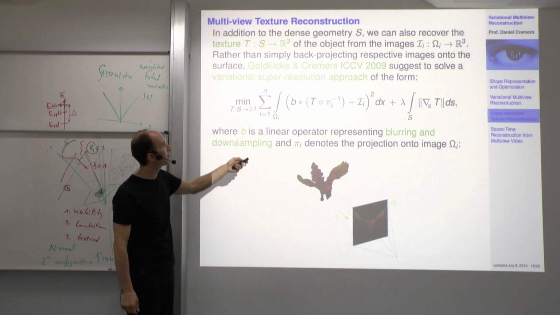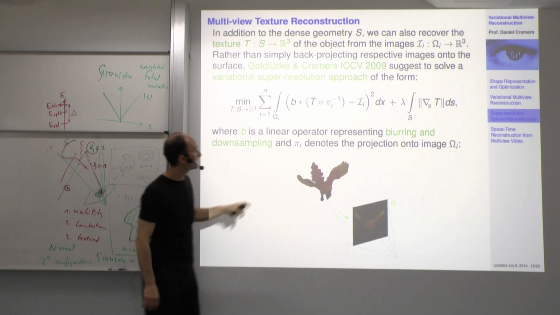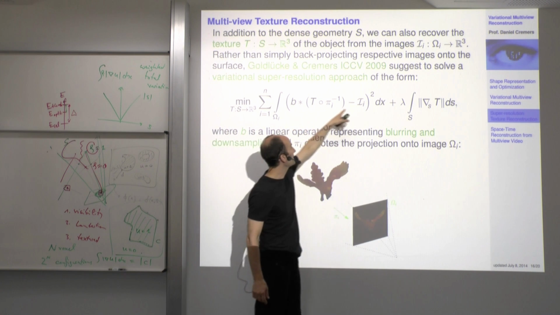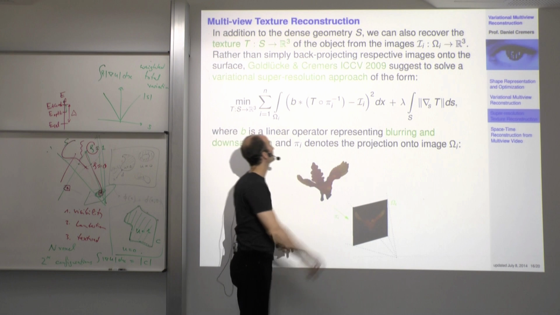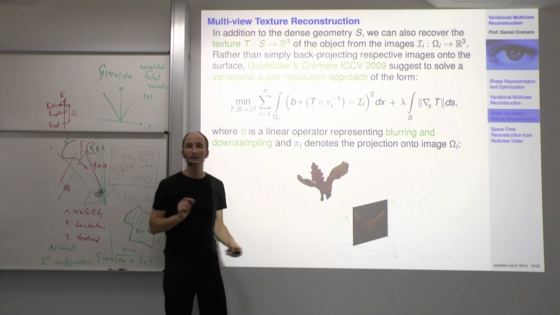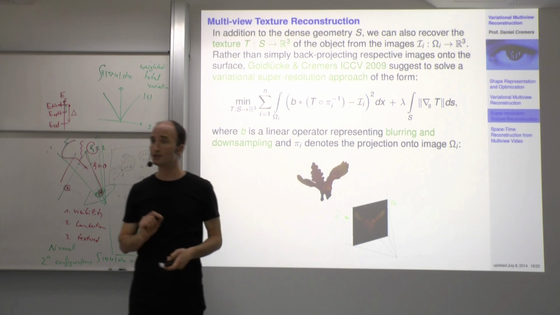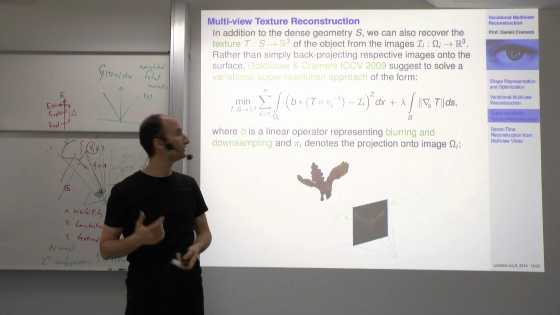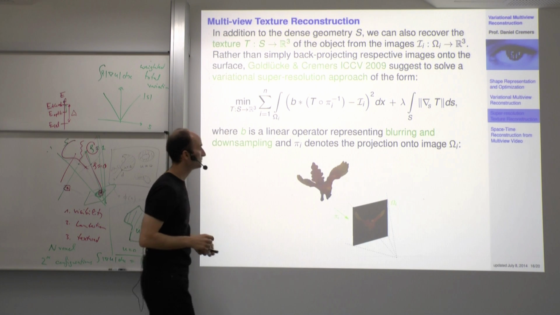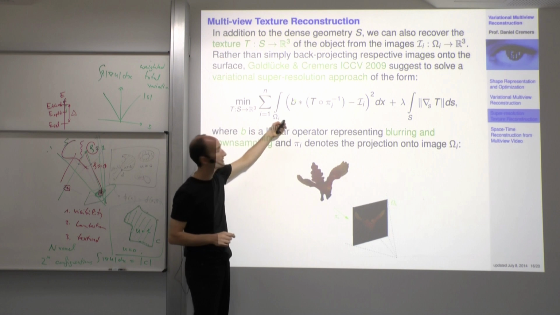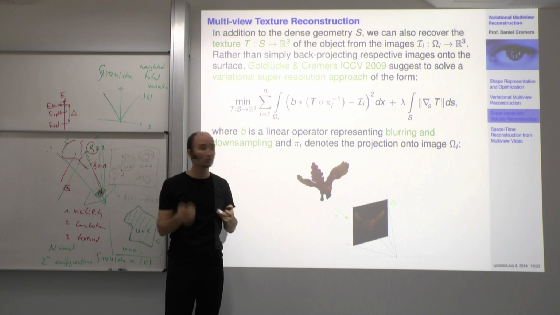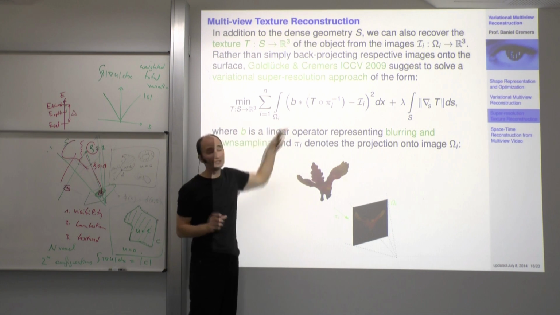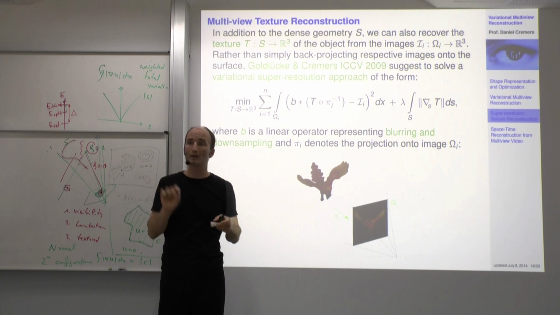Right, so this is the challenge. What I'm saying is that the color shouldn't be identical to the observed image, but I'm actually modeling the degradation process that a digital camera does, at least the dominant aspects of it. Through a real lens, it creates a certain blurring of the texture, and then it does a downsampling into pixels.